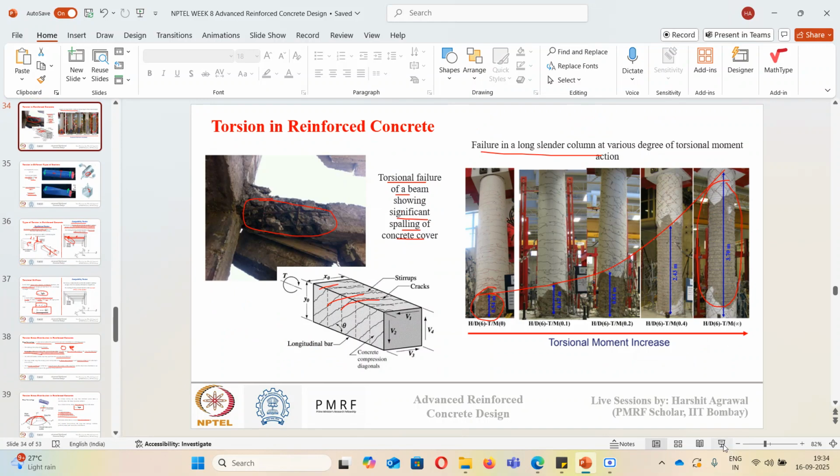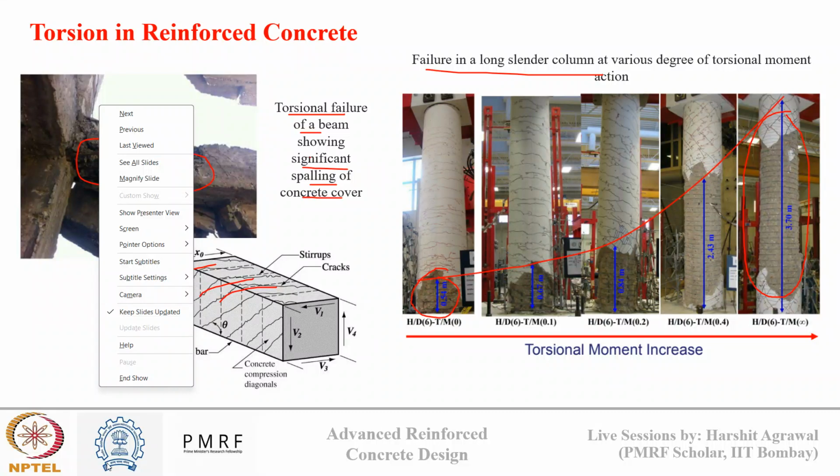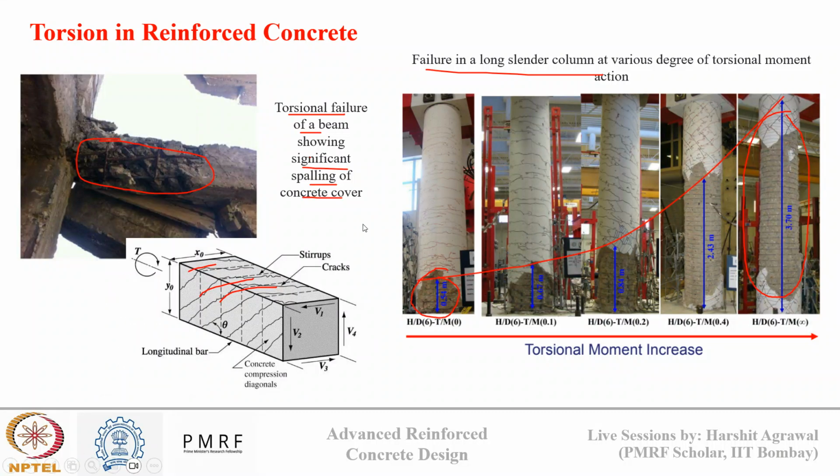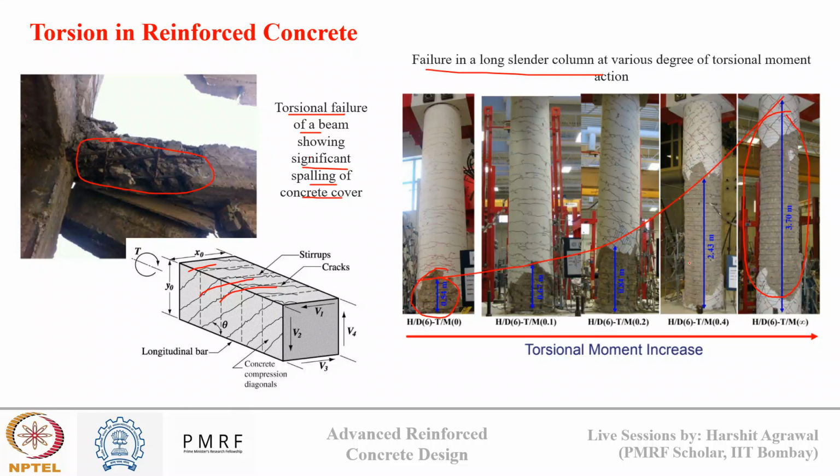Okay, I will just explain here. So this is my column. When it is buckling, what happens? It is bending like this, so we will see deflection happening.